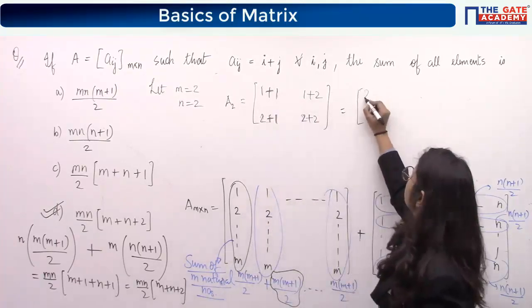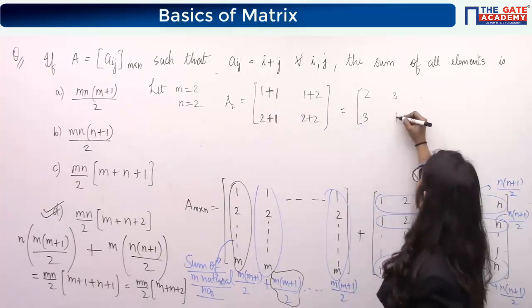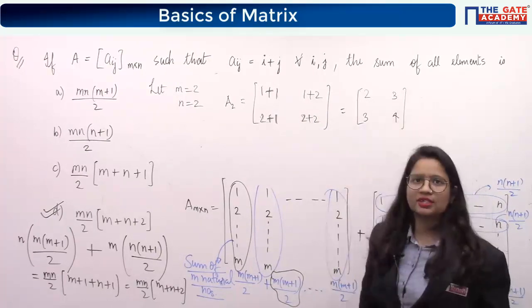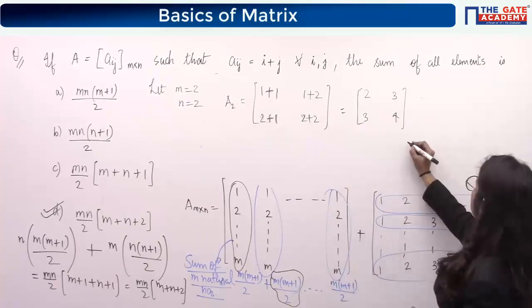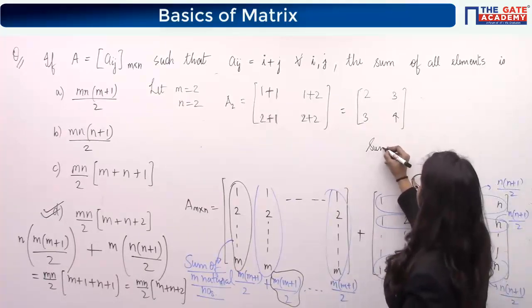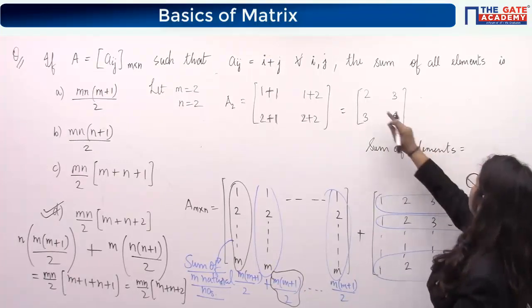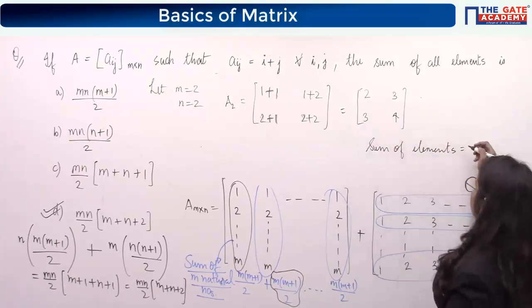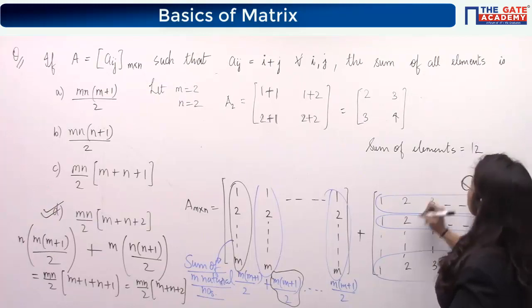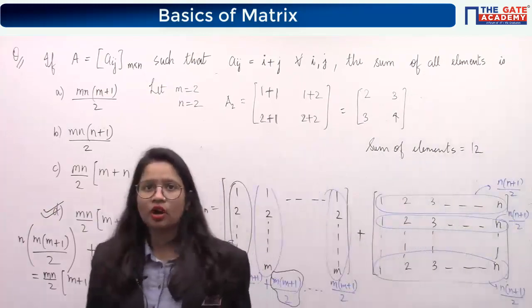What will you get? 2, 3, 3, 4. The sum of the elements of this matrix will be 2 plus 3 plus 3 plus 4. How much is it? 12. Now match with the options.